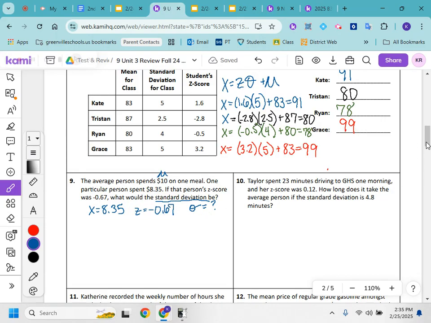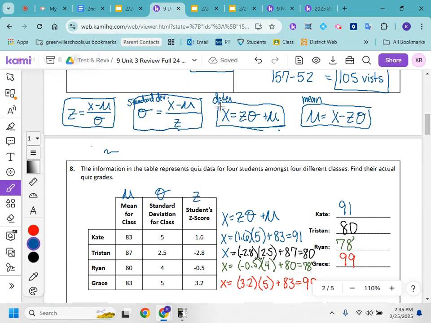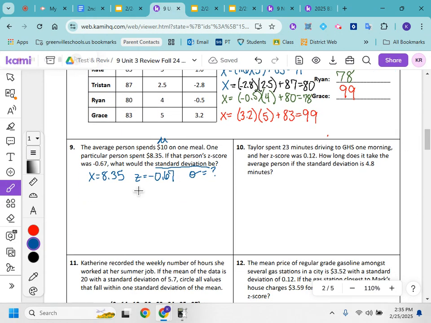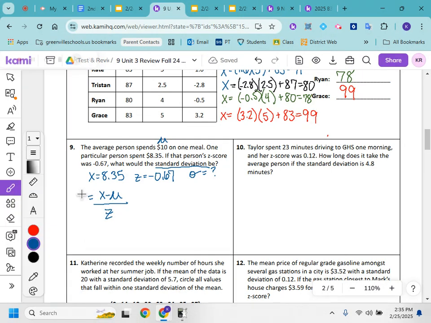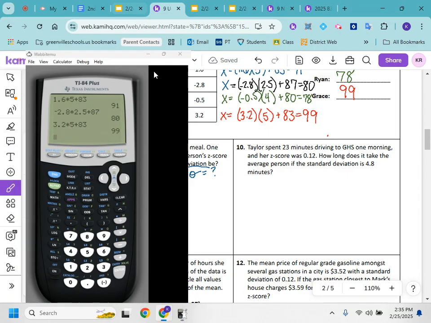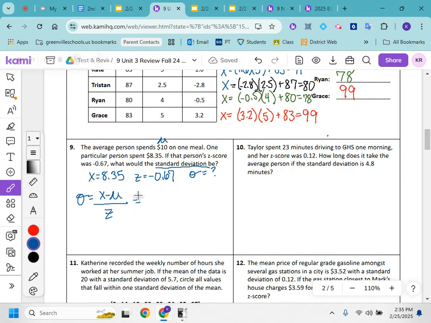So if we're looking for the standard deviation, we're using this equation: X minus the mean, divided by the z-score. Sorry, standard deviation. Those 4 equations should be on your note card for tomorrow. The mean is 10.